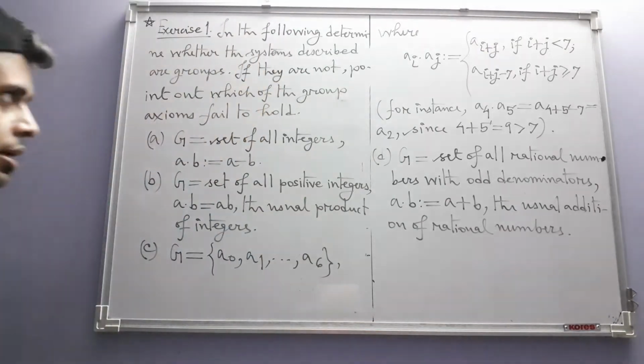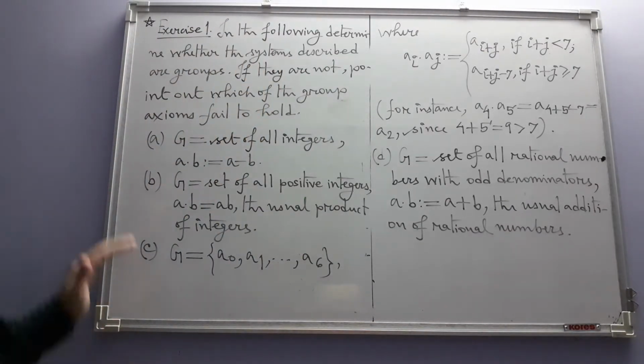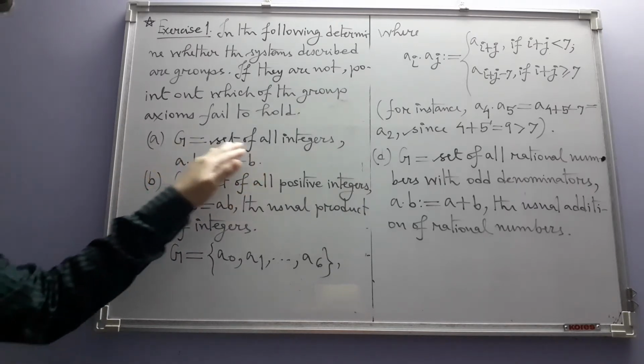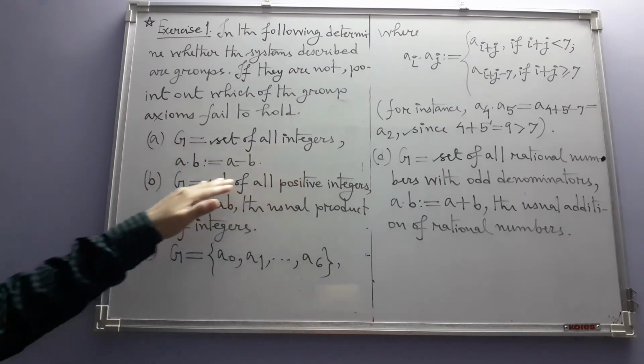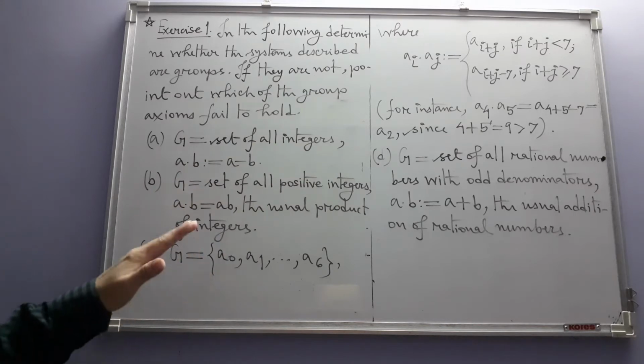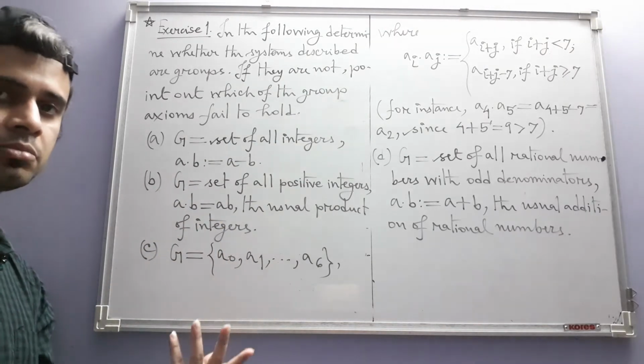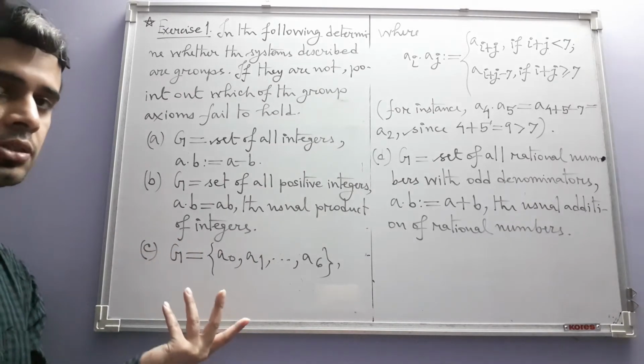Okay, so this is the first exercise. We have to verify in each case whether the set forms a group under the operation given, and if that is not the case, we have to point out which of the axioms are not satisfied.